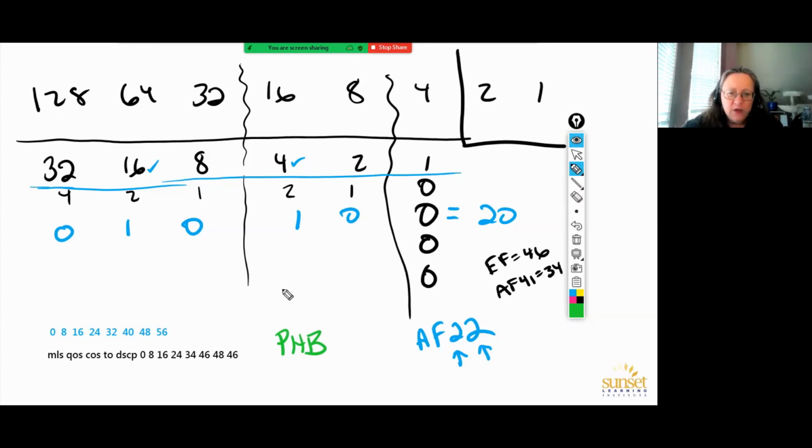Another term that you'll want to know is BA, or behavior aggregate. A behavior aggregate is the idea that I might have a bunch of different DSCP values on a bunch of different traffic. If I put a set of DSCP values, 1, 2, 5 of them, and I make them part of the same class, what I'm doing is creating a behavior aggregate.